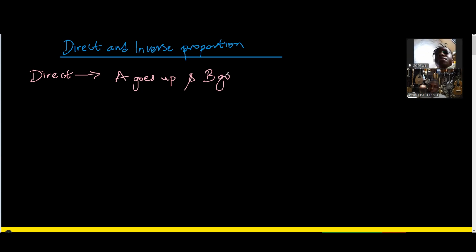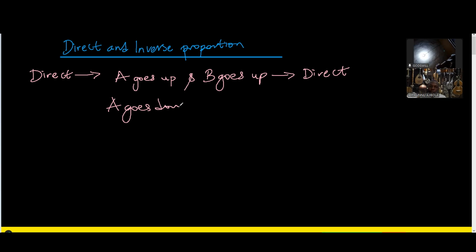So if A goes up and B goes up, it is direct variation. It's direct proportion. And if A goes down while B also goes down, it's also a direct proportion.